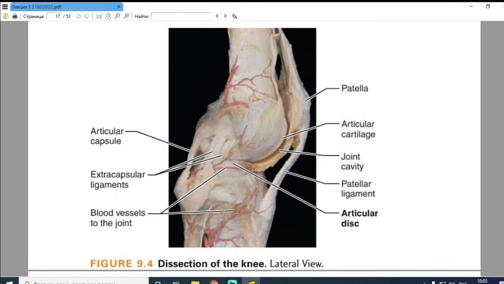You see the joint cavity, and you see the extracapsular ligament. Now you see blood vessels to the joint. What you see: articular disc, cavity, capsule, extracapsular ligament.